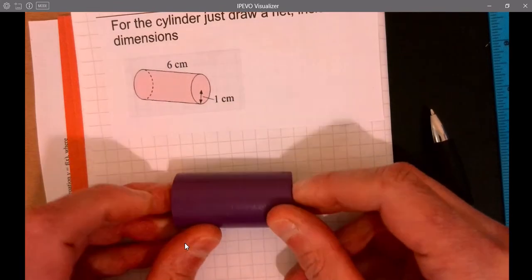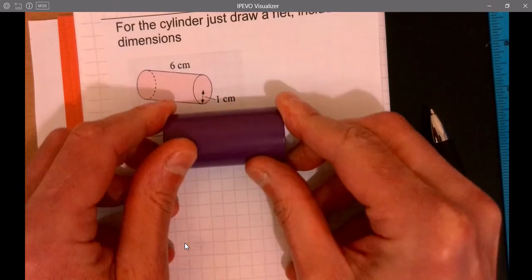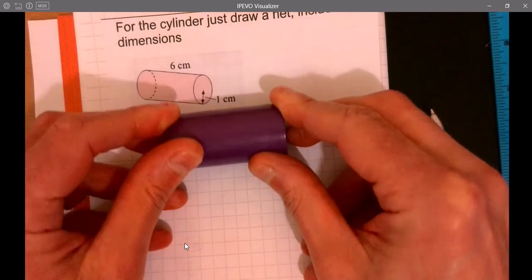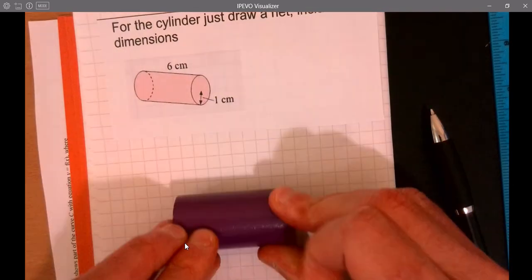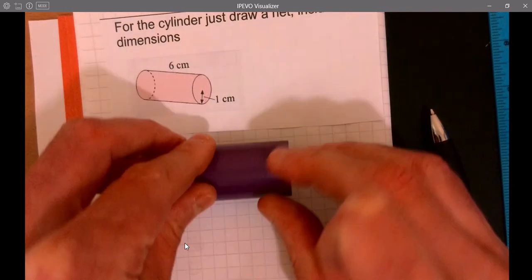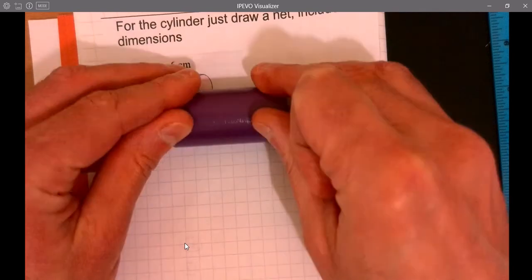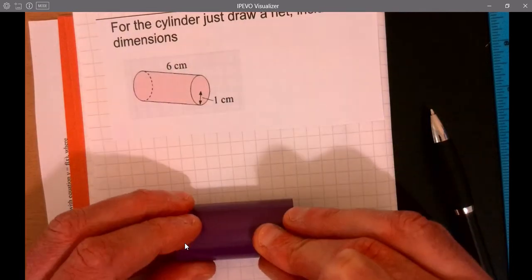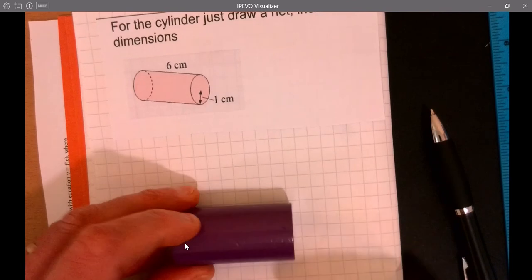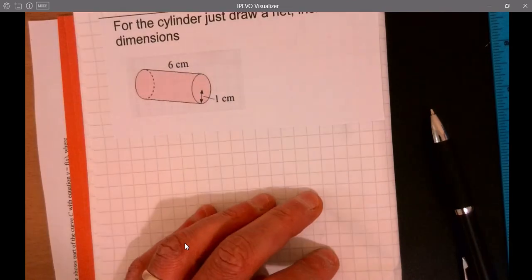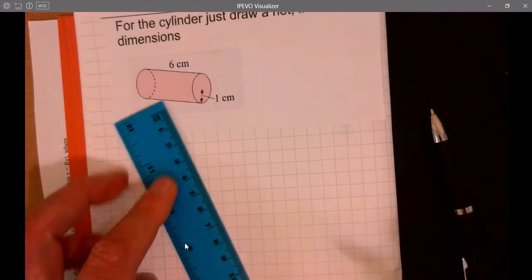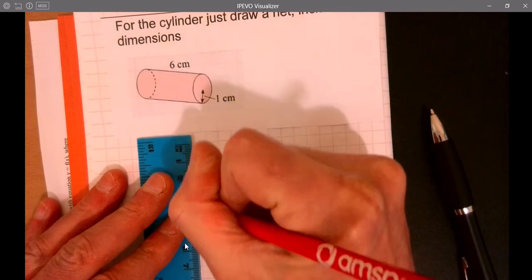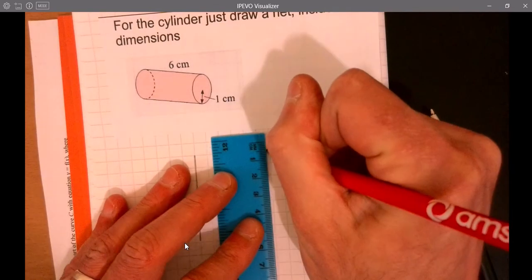If I unroll that section in the middle, it is a rectangle. Look at that. If I unroll this, I've just got a rectangle, and then I've got circles either end. Now I'm not actually asking you to work out the area of this one, but if I were to draw the net of it, I've got a rectangle.